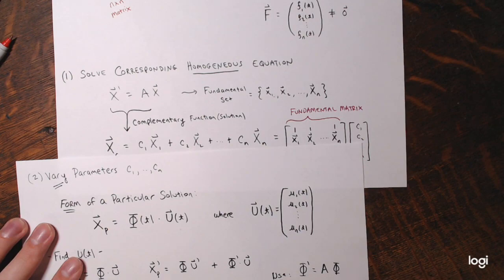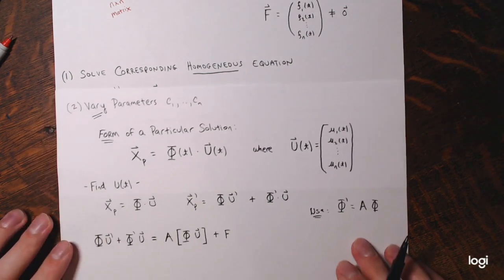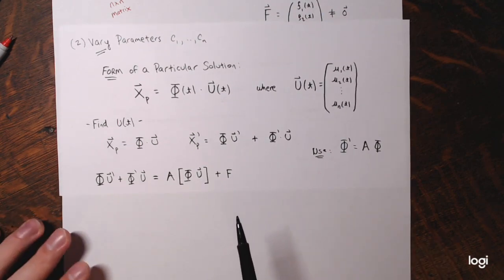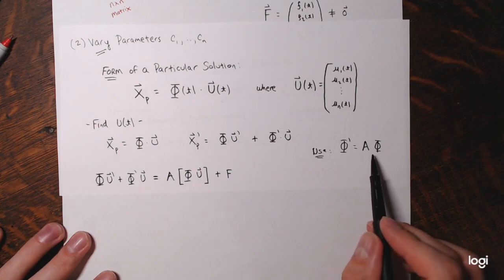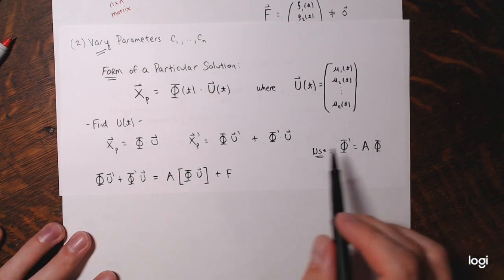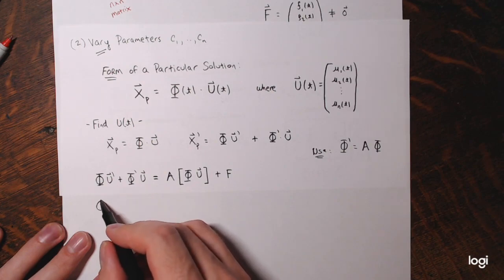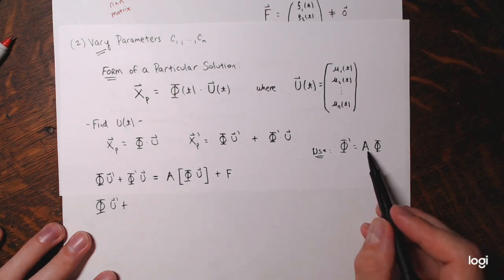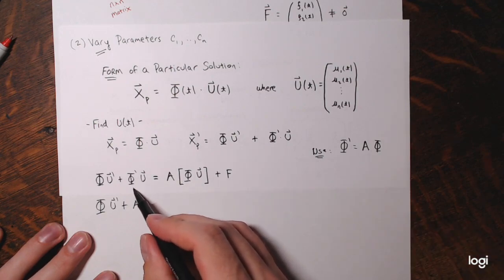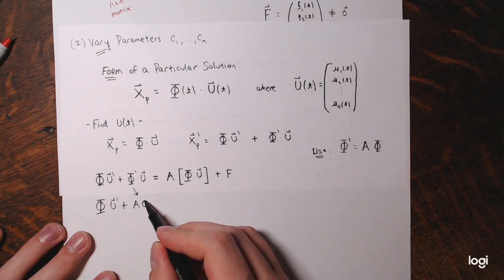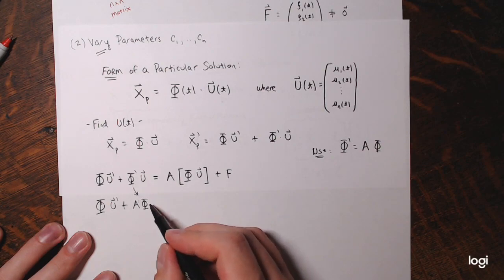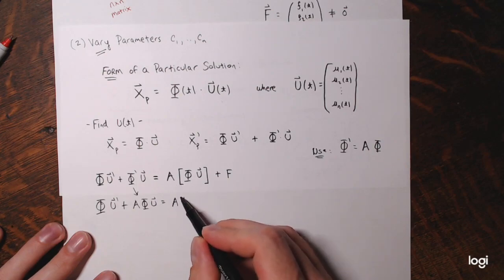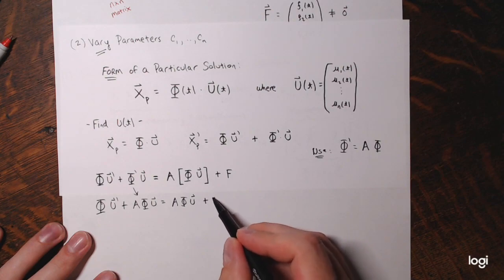I'm going to make that substitution. So we have phi times u prime plus, and phi prime, as I mentioned, is A times phi, times vector u, equals A times phi times vector u plus vector f.